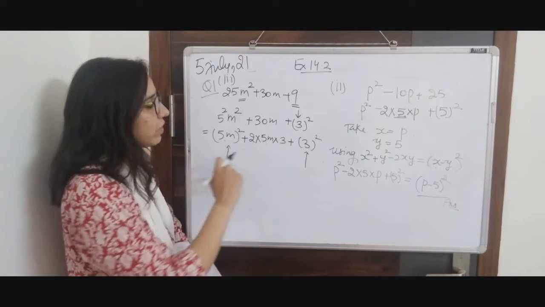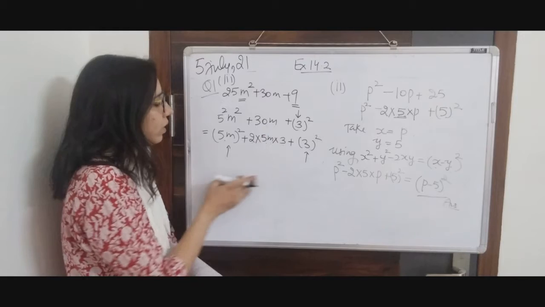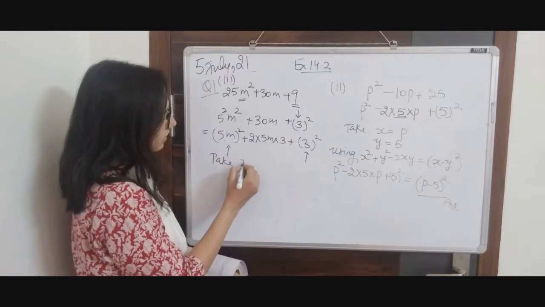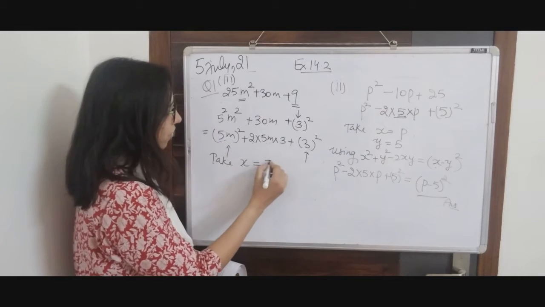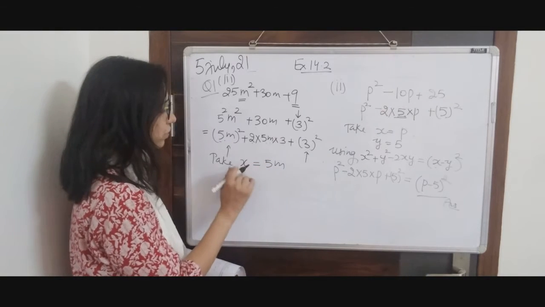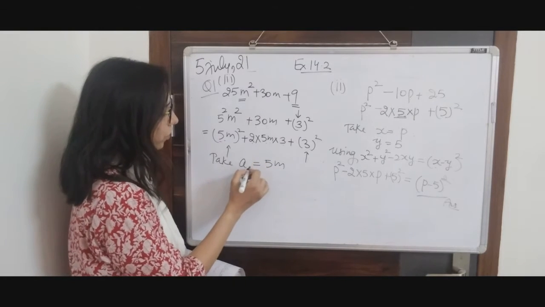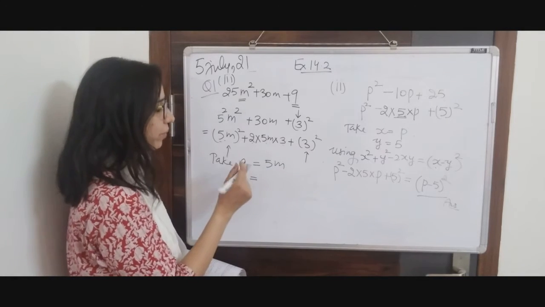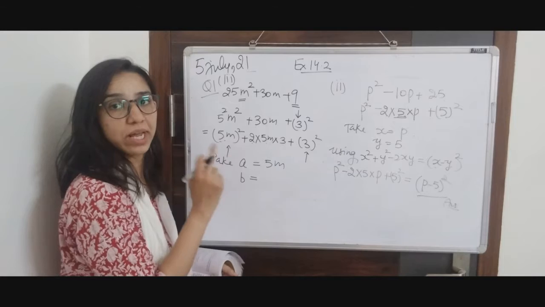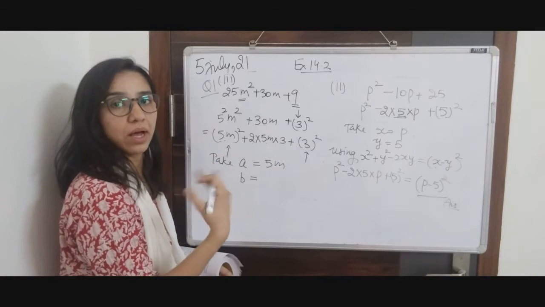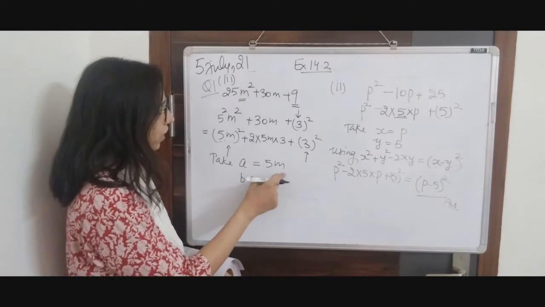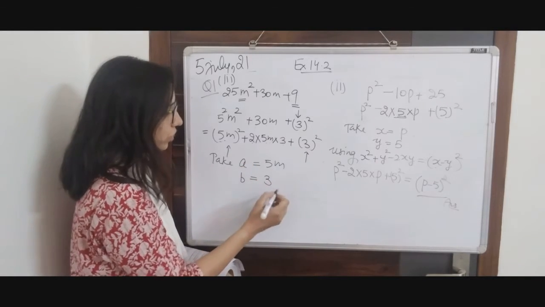So we have done it correctly. Now here what is your x? Your x is here 5m, or you can use a also, whatever you want. Suppose a is your 5m, and what is your b? What is your second term? a and b are the terms which are having squares in the expansion. So a is 5m and b is your 3.